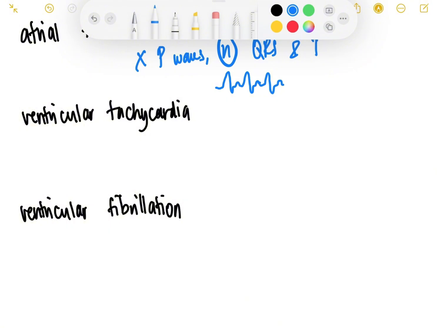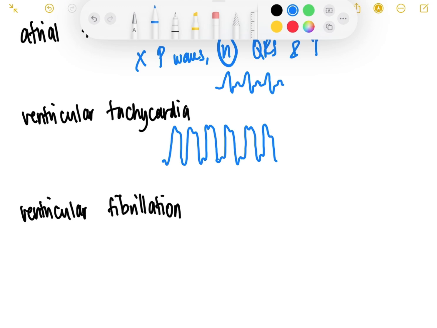So, how does ventricular tachycardia look like? Pag sinabi nating ventricular tachycardia, paano ba siya drawing? Puro siya QRS. QRST, QRST. Yan na lang itsura ng ventricular tachycardia.